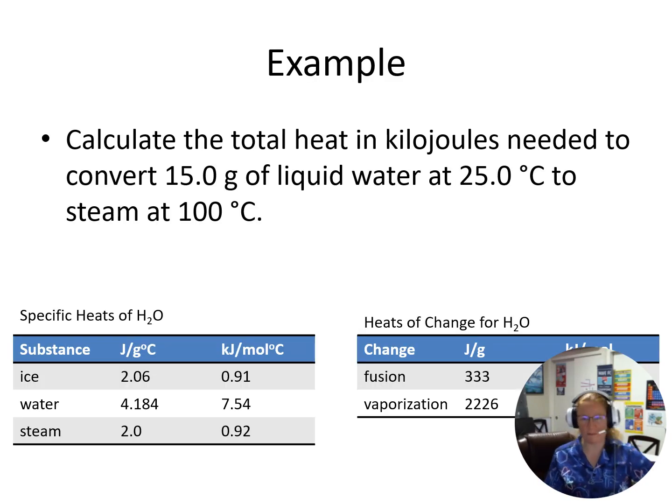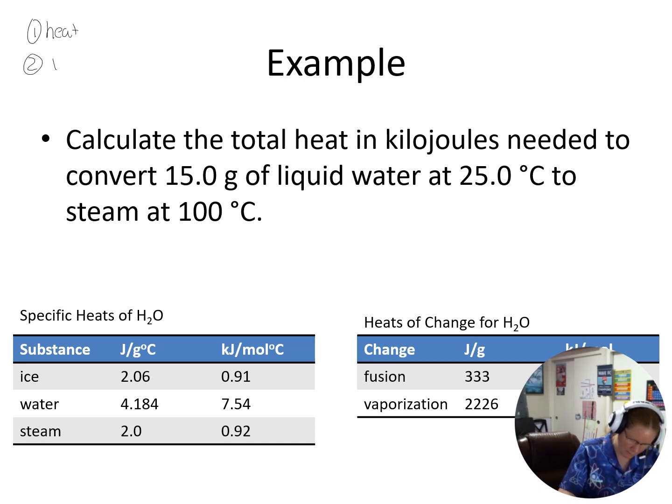All right, and here's one more. We're going to heat something up that starts off at 25 degrees, and we're going to take it all the way to steam. So our two processes, we're going to heat, and then we're going to vaporize.